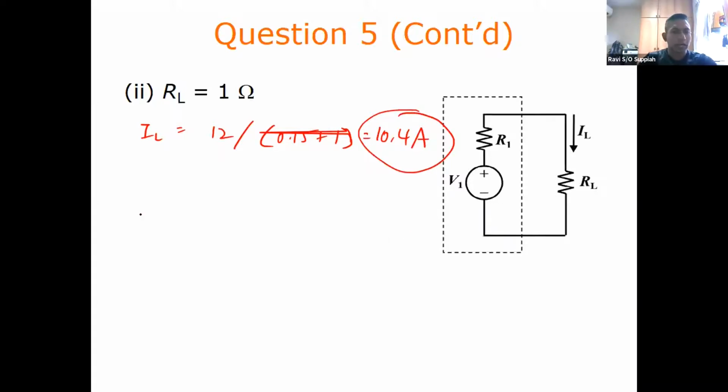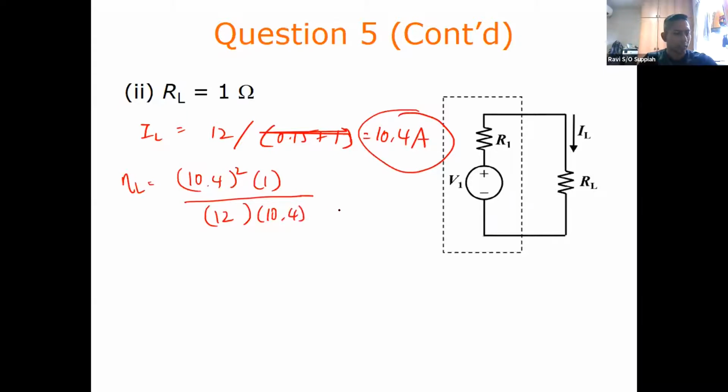Now if I calculate the efficiency, the power in the load is 10.4 squared multiplied by RL, which is 1, divided by 12 multiplied by the current 10.4.